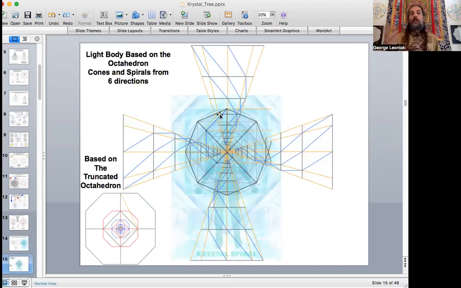Okay, so I had a little fun here and just kind of went all out with that image, and I made the cone flat at the base here. And you could picture the 6 directions here, and you could make these cones a lot smaller, and you could center them on any of your chakras. And what you'll have is a funnel system going top down, bottom up, meeting in the center point, left and right.